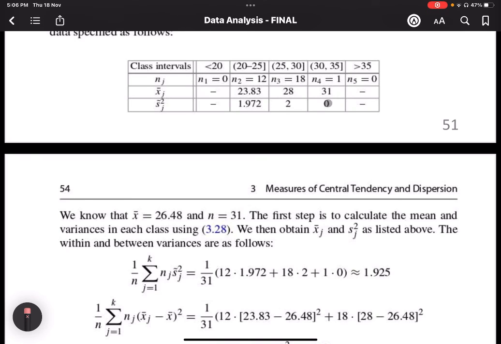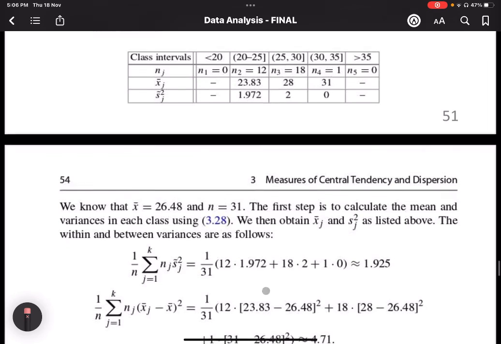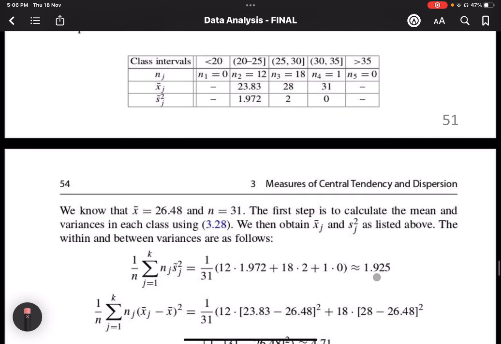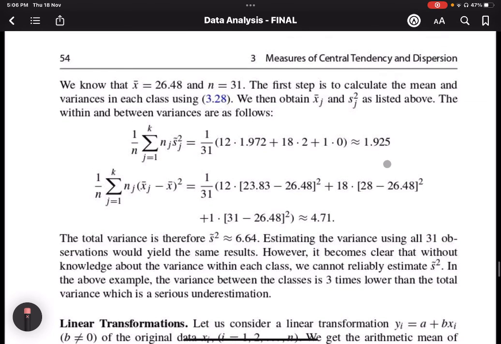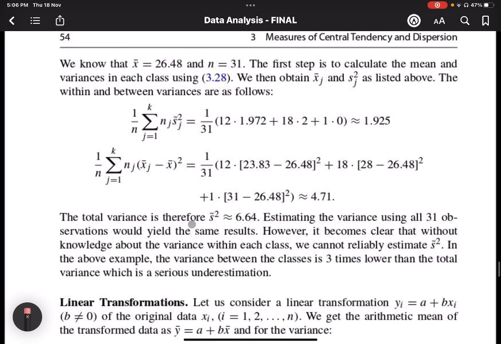Okay, so this one and this one, ginamit natin sa formula na to. Then we get the 1.925 as the variance. The total variance therefore is 6.64. Adding this one and this one, no? Estimating the variance using all 31 observations will yield the same results.